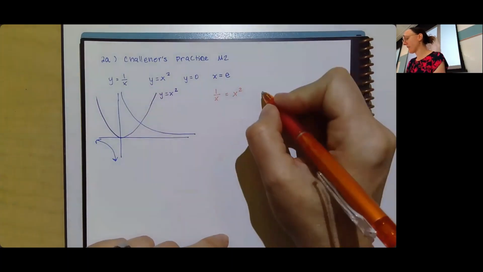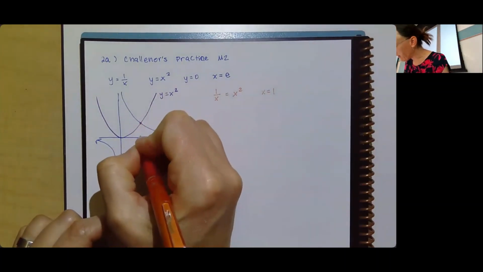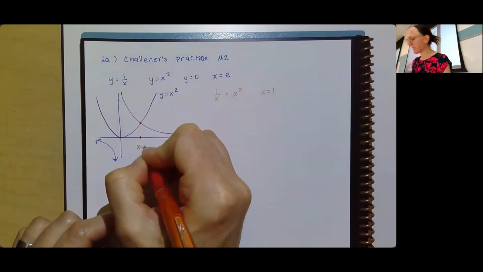So these are going to intersect at x equals 1. If you wanted to do math for that, you could. You can multiply both sides by x and then take the cube root of both sides. But we're going to get back to 1.